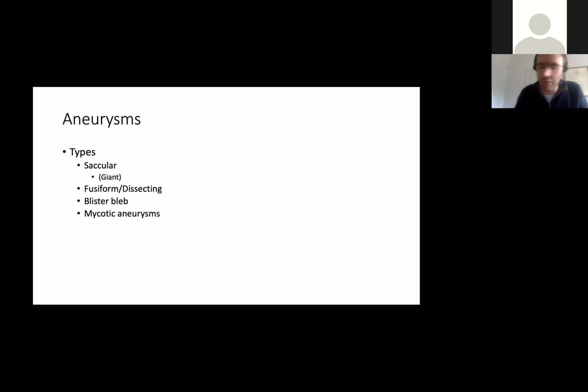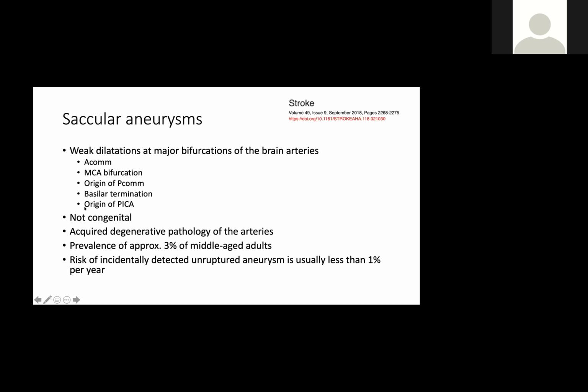But they're pathologically, and etiologically, well, etiologically is difficult, but pathologically certainly distinct from your typical saccular aneurysms, which spontaneously rupture and cause subarachnoid hemorrhage. Then we've got fusiform aneurysms / dissecting aneurysms. There's a particular type of aneurysm called a blister-bleb aneurysm, and then I was going to talk a little bit about mycotic aneurysms.